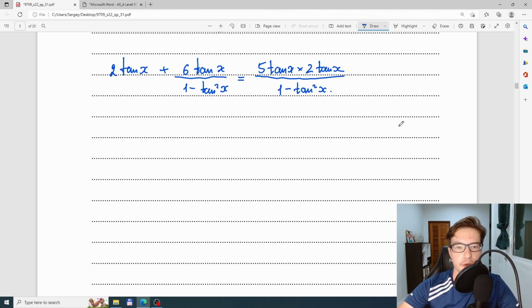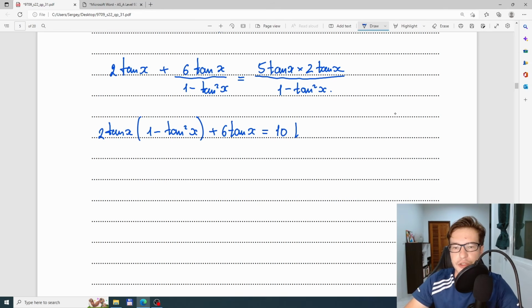Next step. When we have fractions, we don't really like it, so I will multiply everything by the common denominator, which in this case is 1 minus tangent squared. So I will get 2 tan x times 1 minus tangent squared in brackets plus 6 tan x equals 5 times 2, which is 10 tangent squared x.